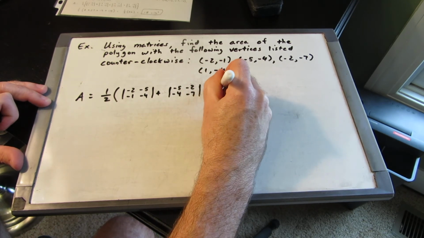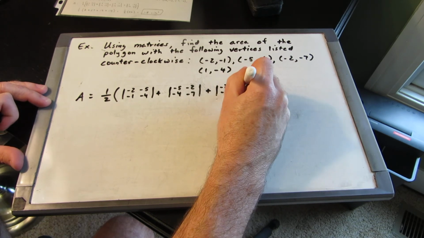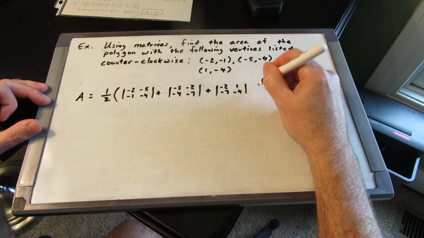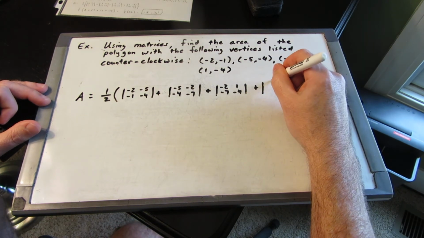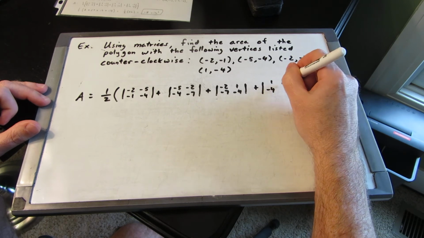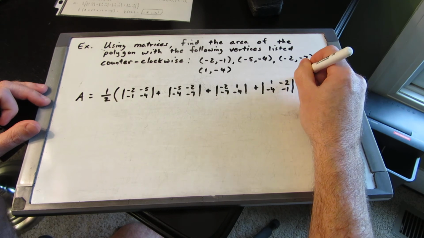Third matrix, -2, -7, 1, -4. And then our fourth matrix, 1, -4. And we go back to the beginning, -2, -1.